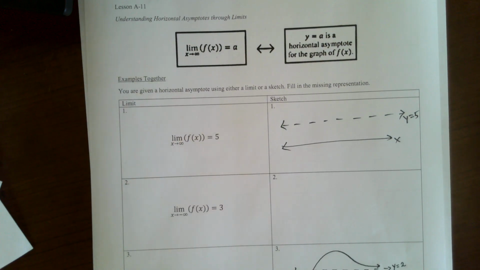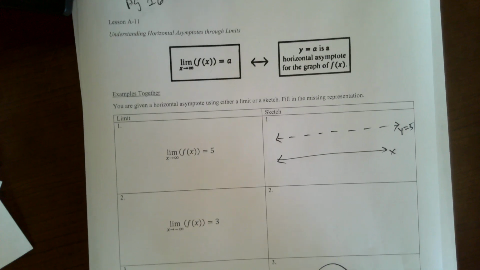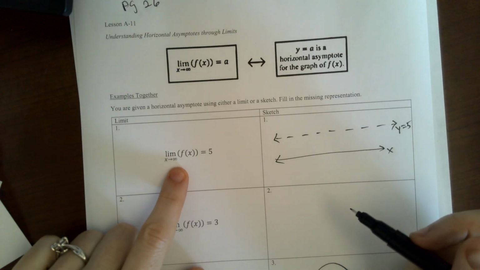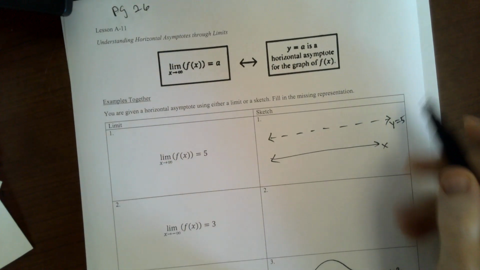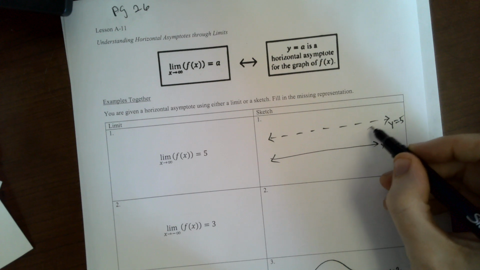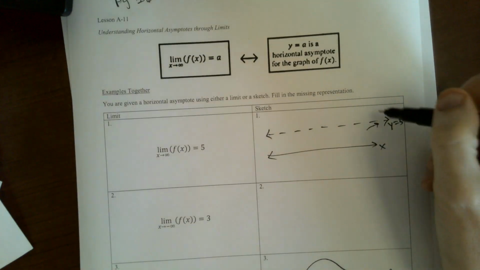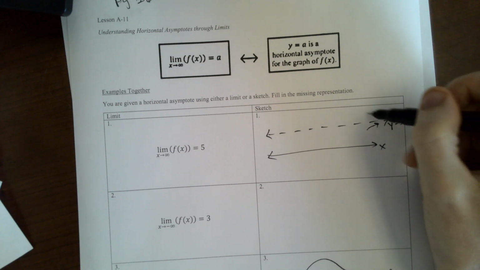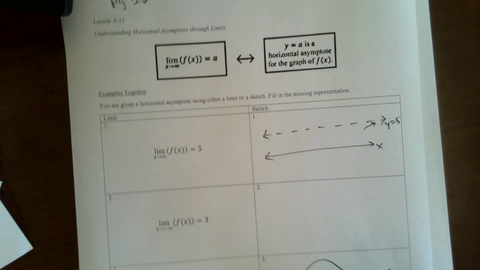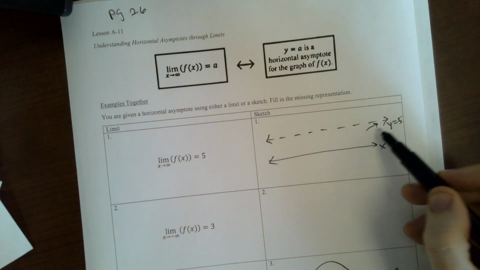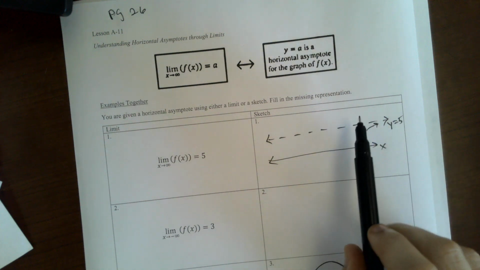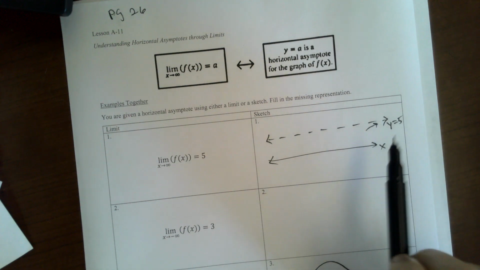Now, guys, you have a lot of options, okay? As long as at the end of the graph I am looking something like that, or I could be coming from the top as well. As long as it's something like this, leveling off at that line. And again, the graph could be coming from the top as well.